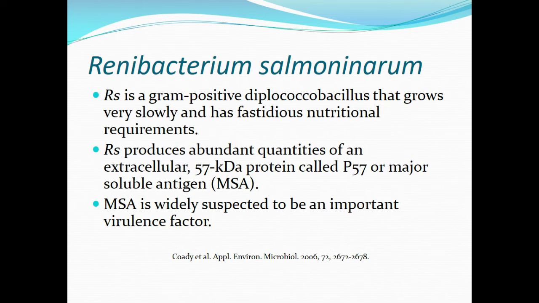And this bacterium produces an extracellular protein called P57, or major soluble antigen, that is suspected in the virulence of the bacterium, and it's shed in water.